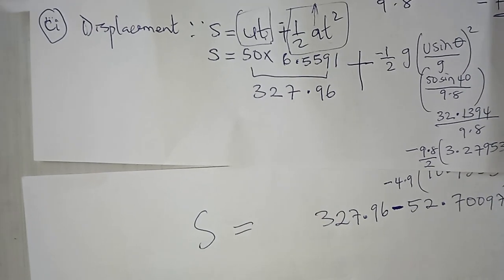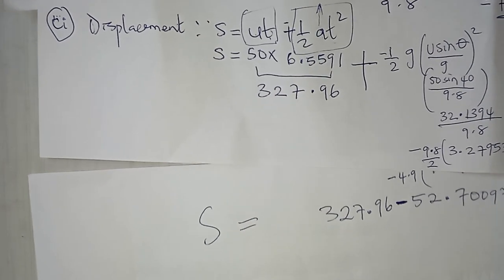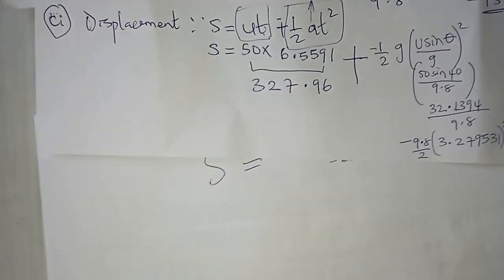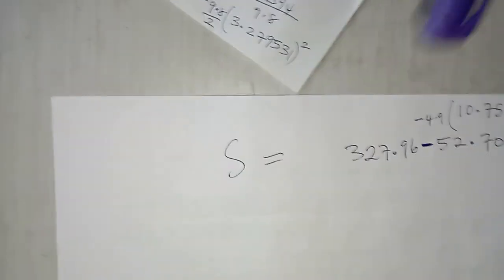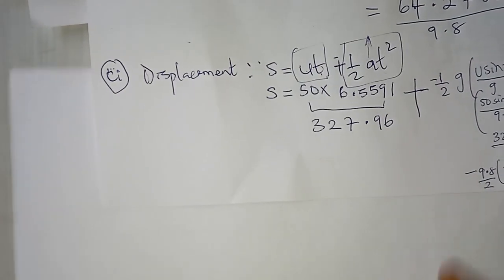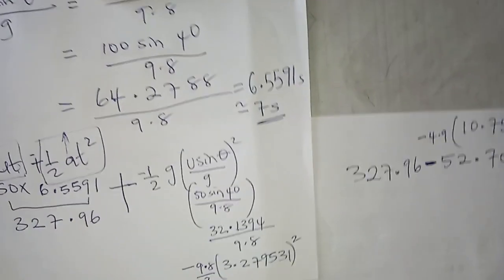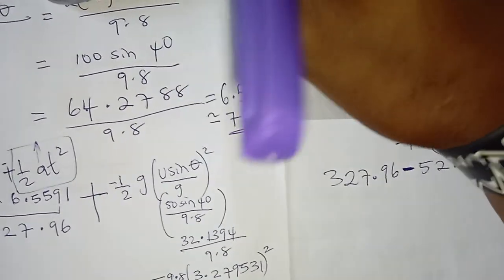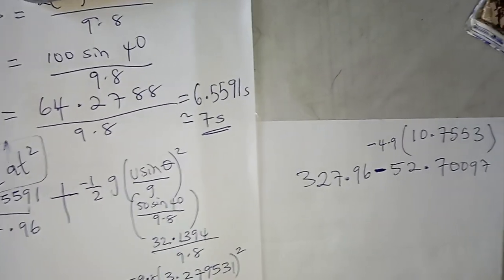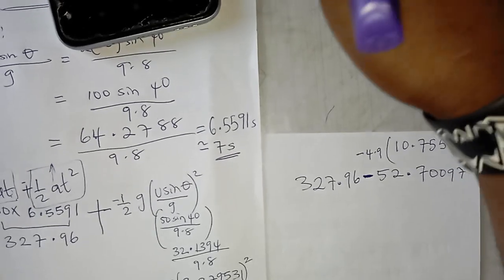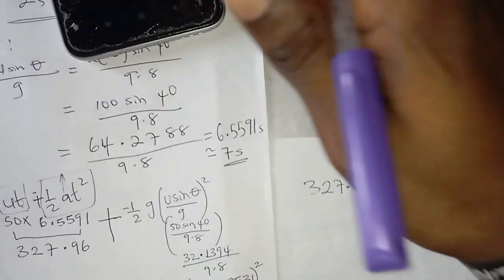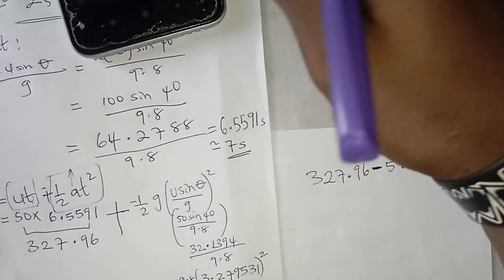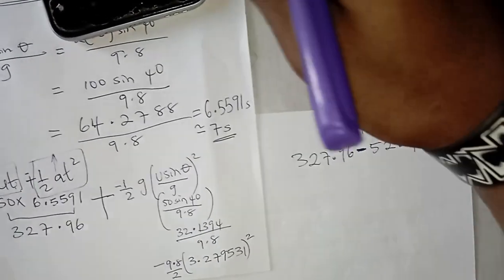So I would now have 327.96 minus 52.797. Let's punch it.